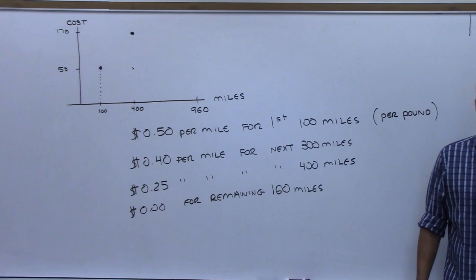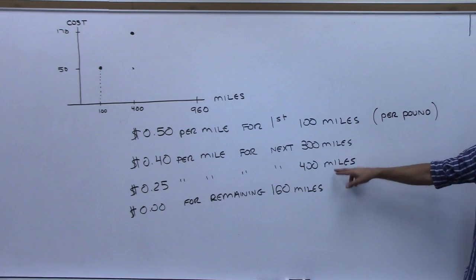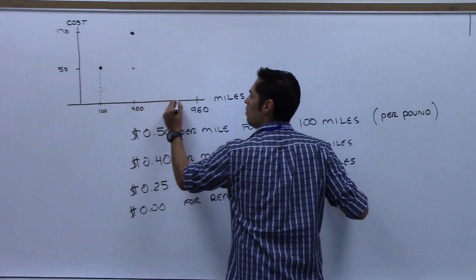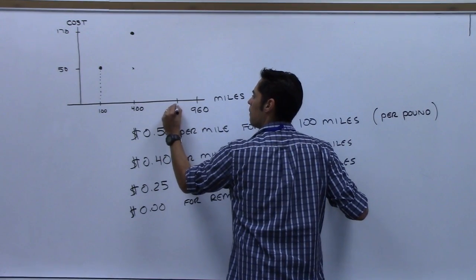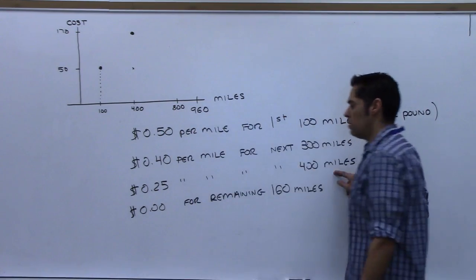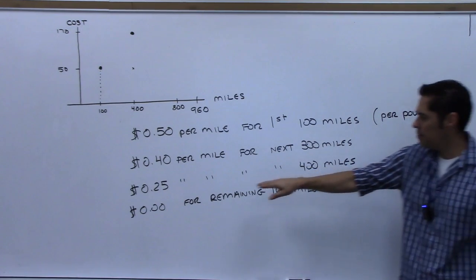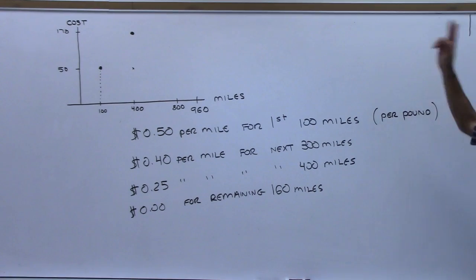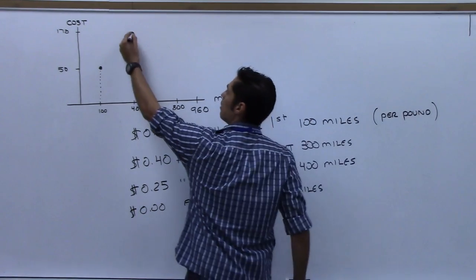We good? And then what? 400 miles. The next 400 miles would put us out at what? 800? And how much will we pay for that? 400 times this would be 100 bucks. So now I'm off my chart because I'm going to take the 170 we already paid.